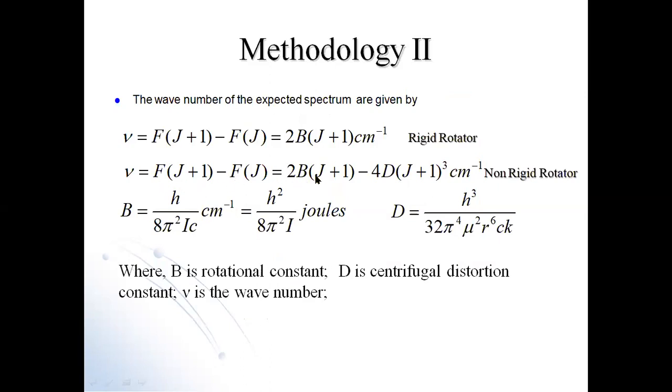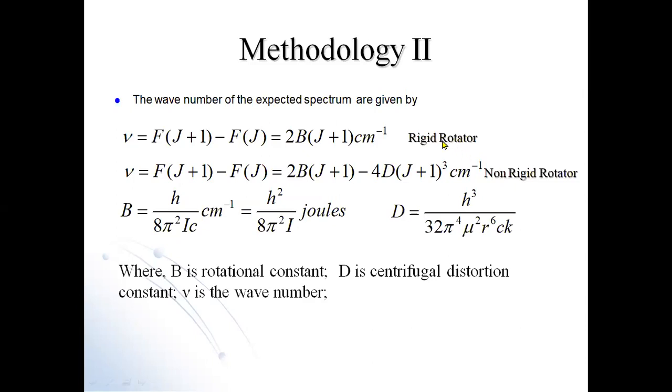It is also derived in your textbook, where this constant d is known as the centrifugal distortion constant. You calculate the wave number of a non-rigid rotator, you calculate the wave number of a rigid rotator, and compare your result with an experimental finding.